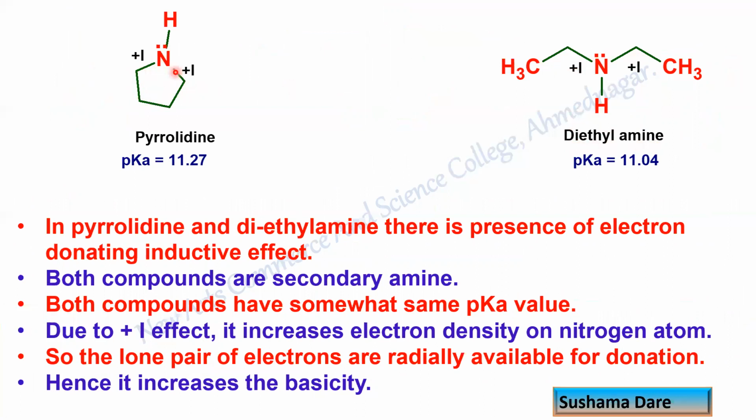So both show the electron donating inductive effect. Same here, that ethyl group shows its electron donating inductive effect. Look at the pKa values, 11.27 and 11.04. So the basicity of pyrrolidine is a little more as compared to diethylamine.